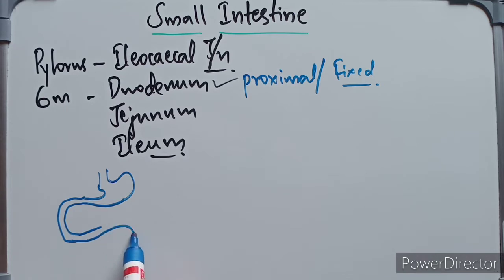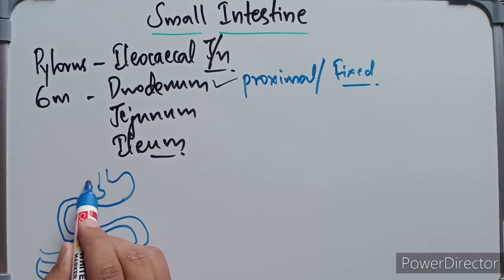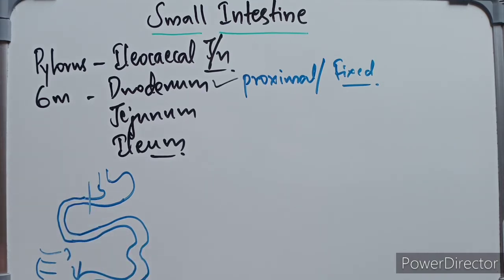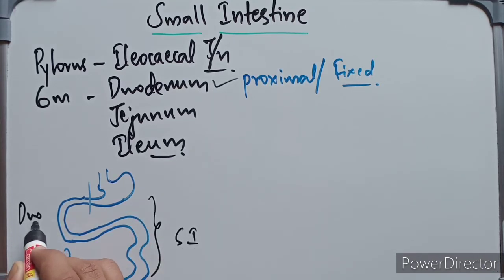The duodenum will continue as the jejunum and finally it will enter the cecum. This part, extending from the pylorus to the ileocecal junction, is the complete small intestine. This is the proximal duodenum, this next one is the jejunum, and finally we have the ileum.